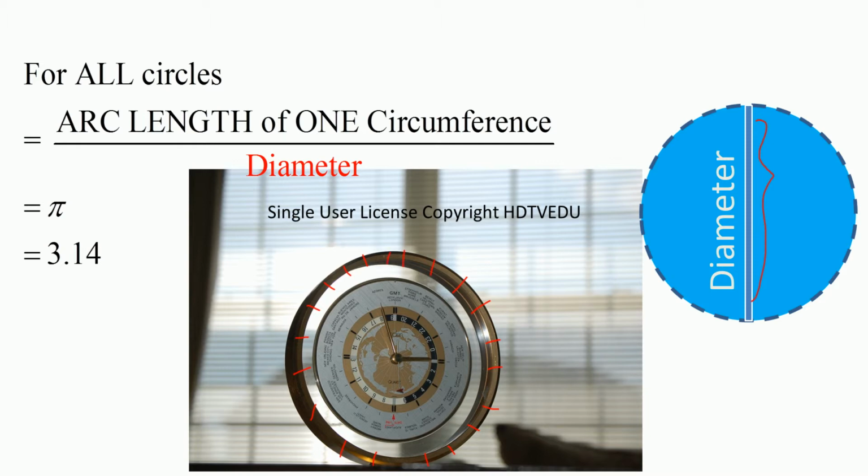Measure that length, divide that by the diameter of the circle. What do we get? We get 3.14 as the ratio of the circumference to the diameter.